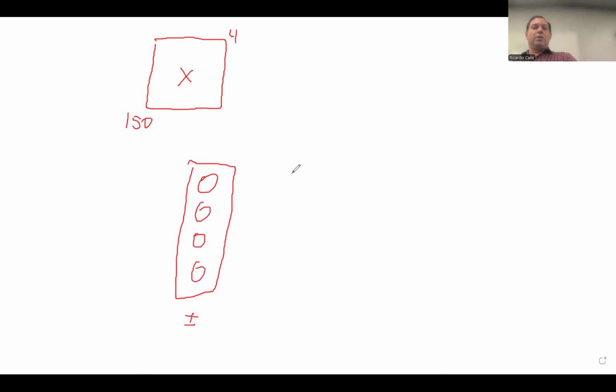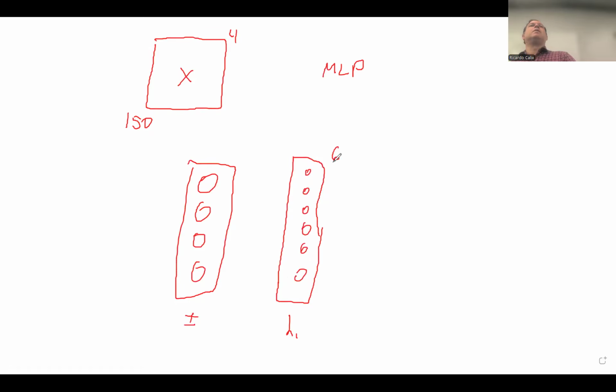Then, because it's an MLP, we just really have one transformation. So this is going to be one hidden layer, hidden 1. And this could be like 6. I don't remember what the value is. If you guys can remind me. I think it was 6, right?